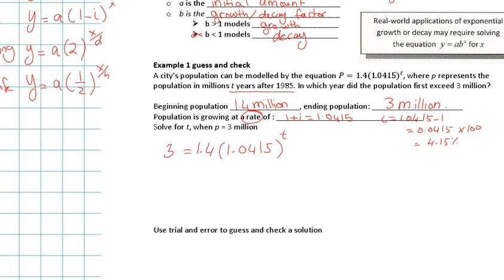I can't multiply this and this because this is the only one that's the power of t. Okay? So what do I have? I want to divide by 1.4 because you want to get rid of this, right? So it will be 3 divided by 1.4. So what's 3 divided by 1.4? It's 2.142.